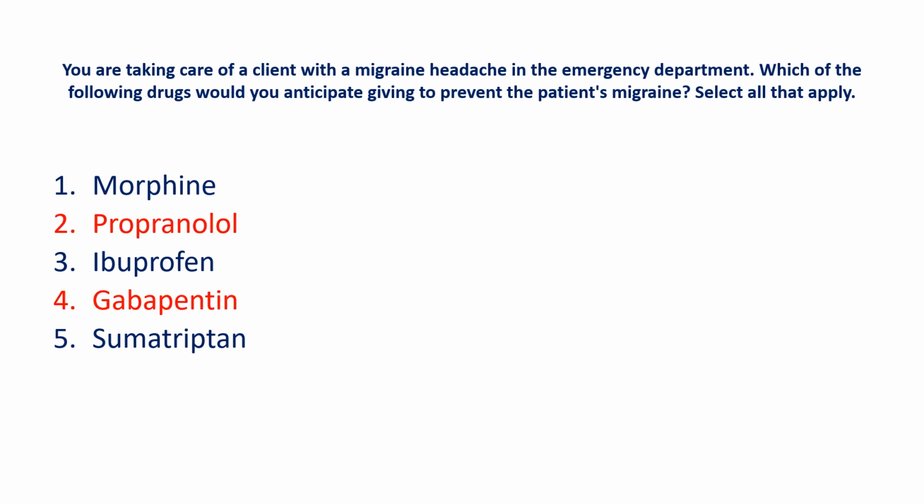Hopefully. And the right answer is propranolol and gabapentin. If you selected number 5, then you were thinking of abortive treatment. This question asks for preventive measures, and that would be propranolol and gabapentin.